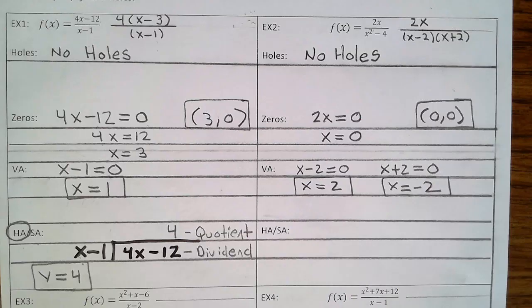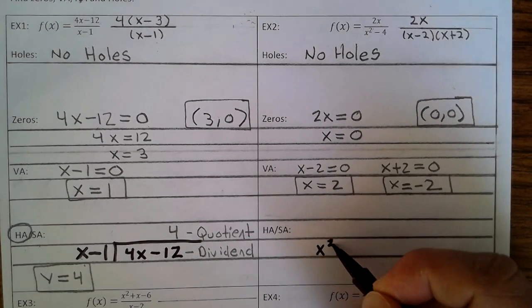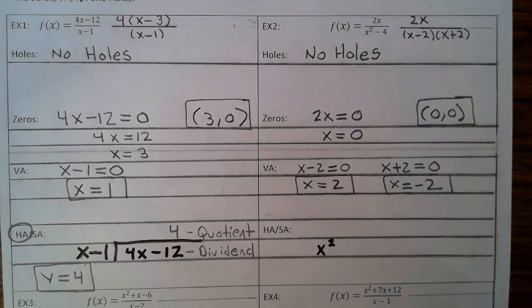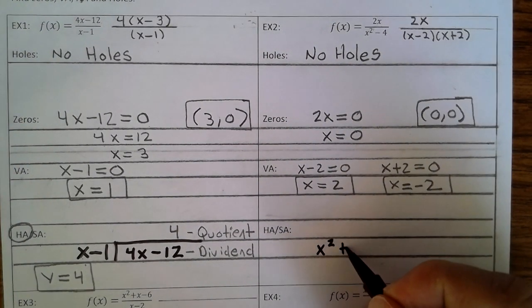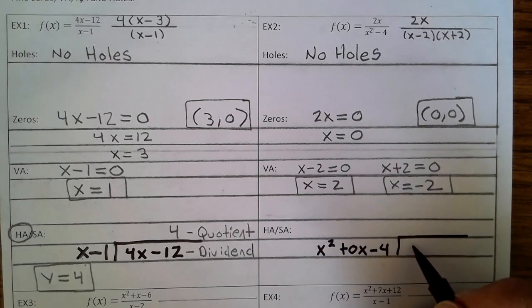Okay, now for the horizontal asymptote, you divide. So x squared plus 0x minus 4 divided into 2x. Well, actually, I'm sorry, 0x squared plus 2x.